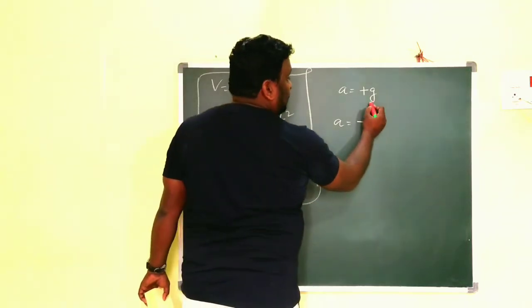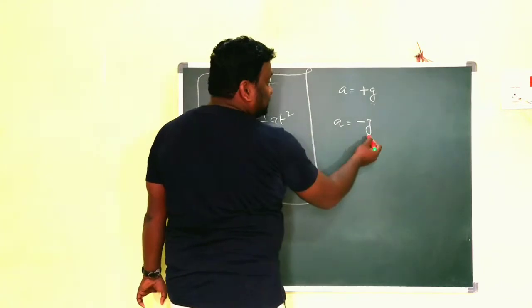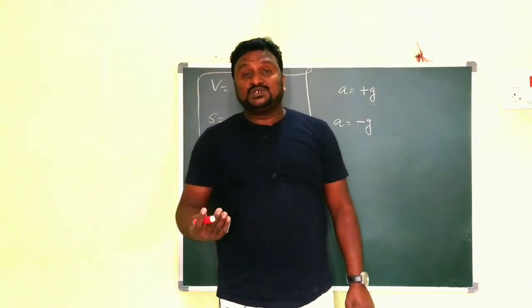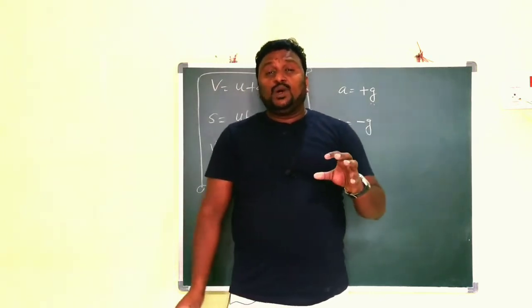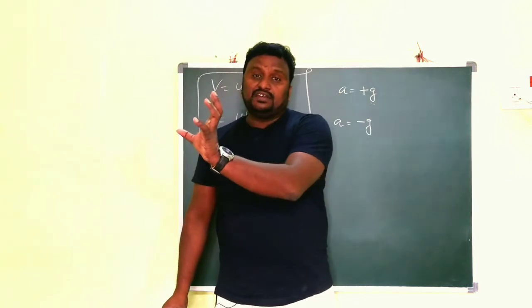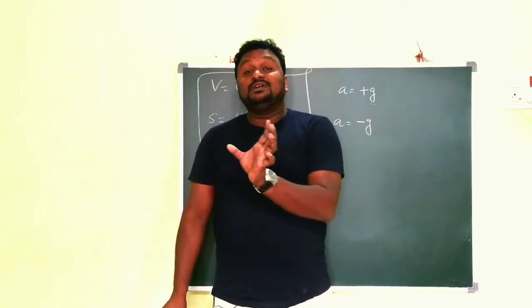Here g is what we call acceleration due to gravity. So what is meant by acceleration due to gravity? In the title only we have the entire story: acceleration of a body due to gravity.